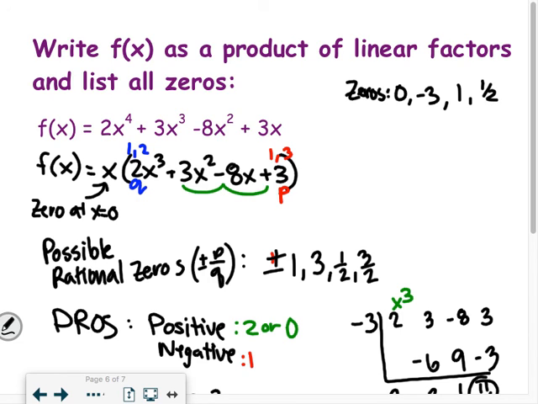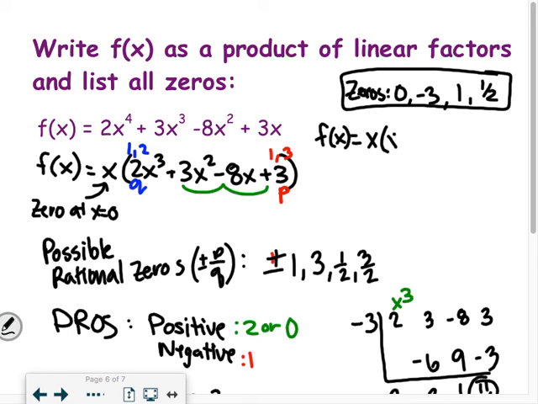It was degree 4, so we should have had 4 zeros, and now we have all 4. So we've got all the zeros. And then we want to write it as a product of linear factors. So that would look like f of x equals, and I'm just going to take each of these and put them back as factors. x plus 3, x minus 1. And you'll have to be careful with your fraction.